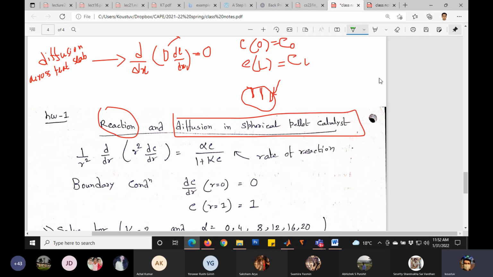There are some particles called catalyst particles. They are situated inside the pellet. Let me just discuss this.